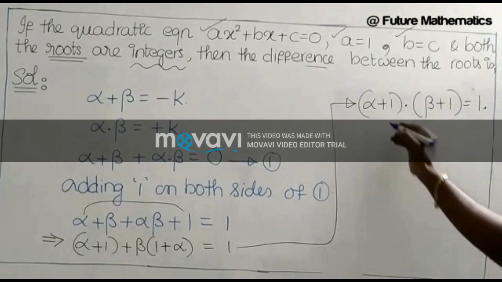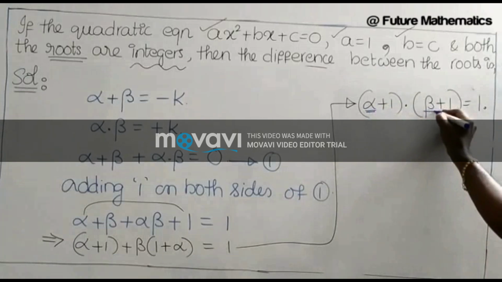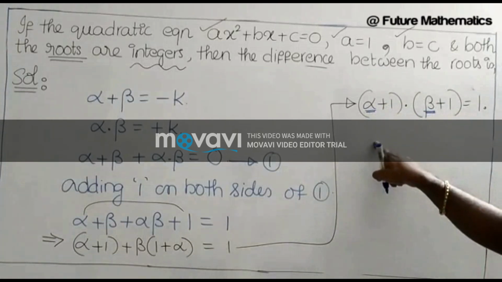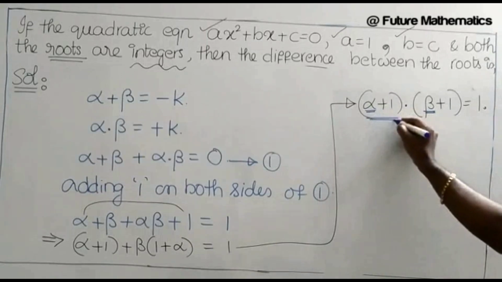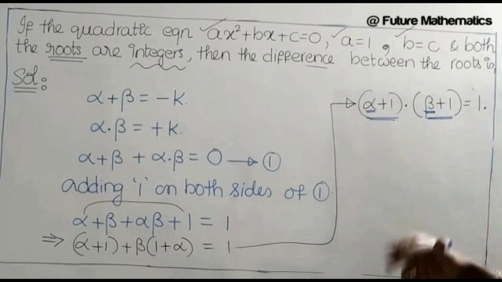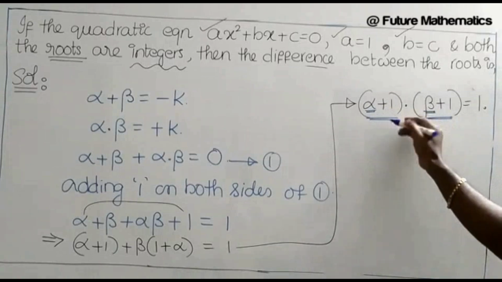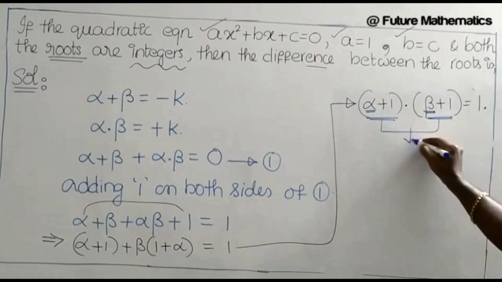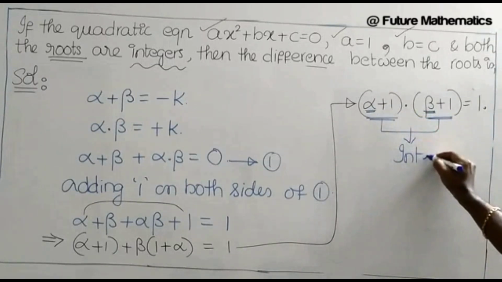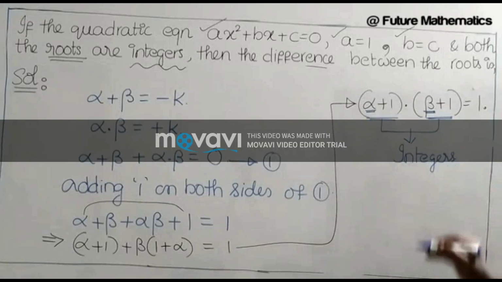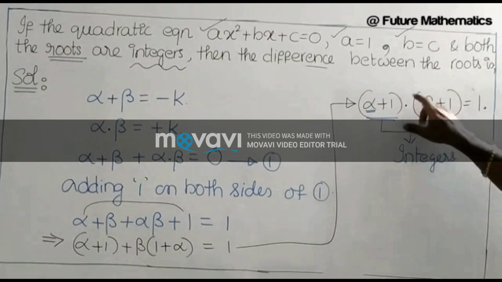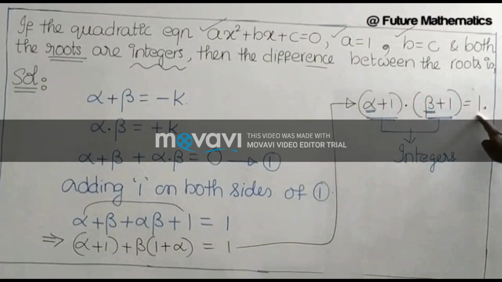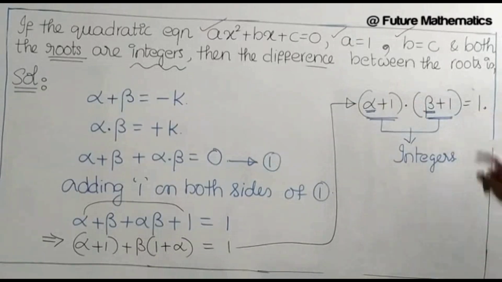Now given alpha and beta are integers, alpha plus 1 and beta plus 1 must also be integers. Both must again be integers. So what is the only case where alpha plus 1 and beta plus 1 are integers and this product is equal to 1?